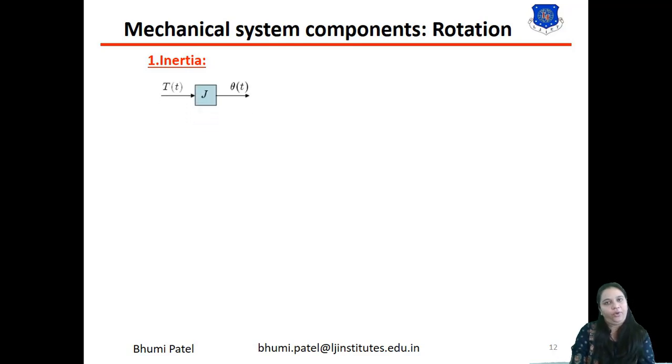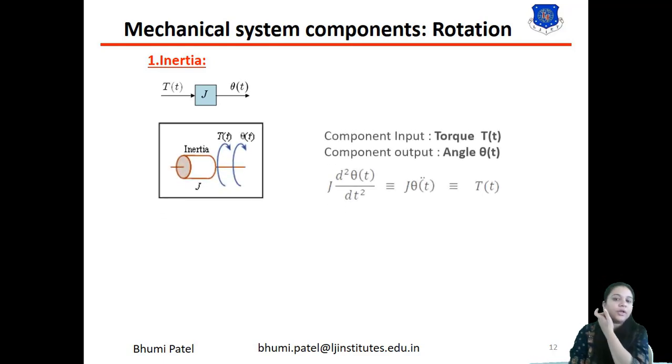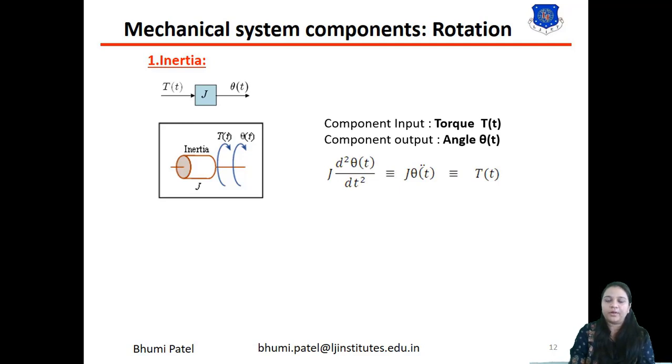So here T of t is our input, T means torque, and theta of t is our output, J is our inertia. So the equation will become J d square theta of t upon dt square, that is J theta double dot of t is equal to T of t, where the input is the torque T of t and the output is the angle theta of t.